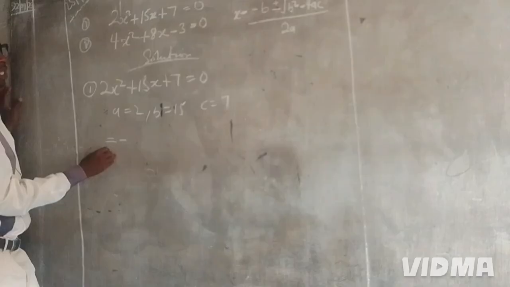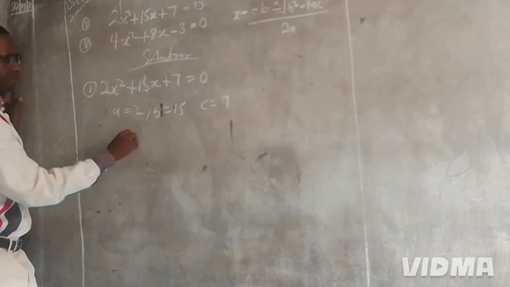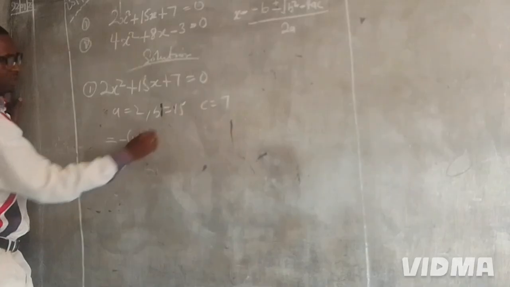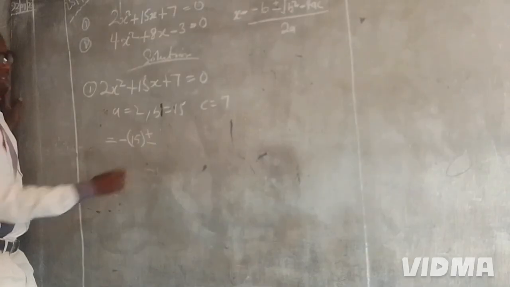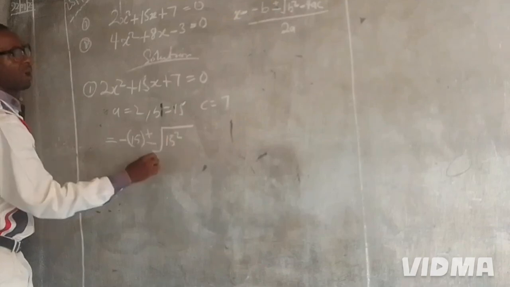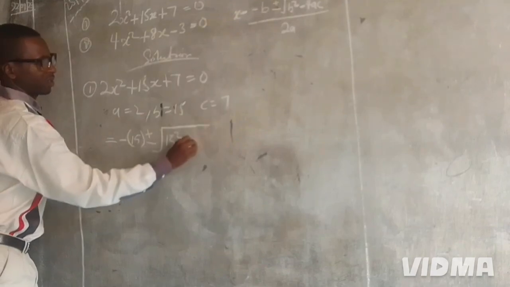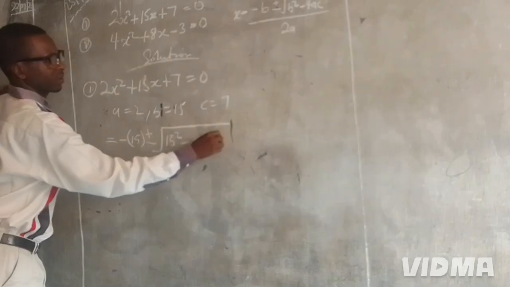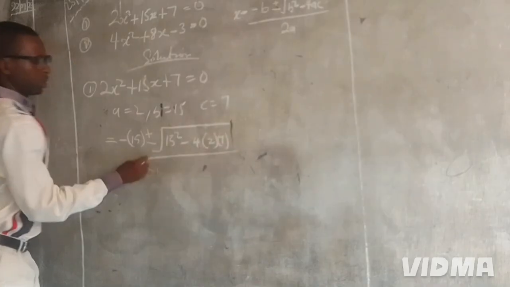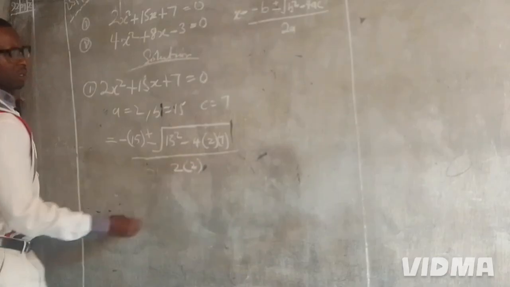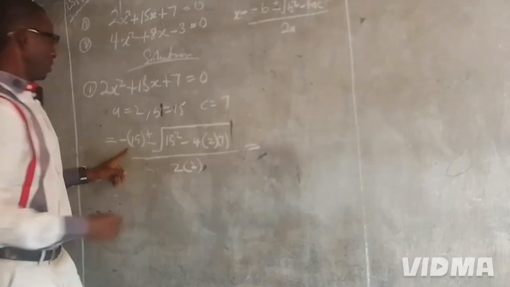So let's go. It becomes what? Minus. What's our B? 15 plus or minus square root of 15 squared minus 4. What's our A? 2. What's our C? 7. All over. What's our A again? So we do that.